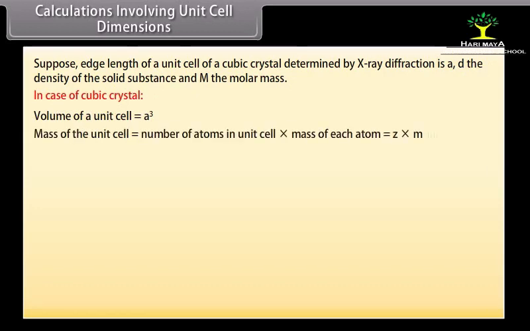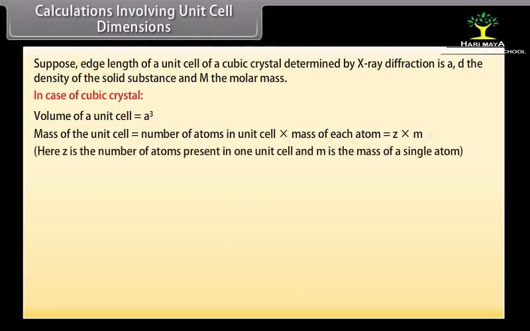Mass of the unit cell is equal to the number of atoms in the unit cell times the mass of each atom, which is equal to Z times m. Here, Z is the number of atoms present in one unit cell and m is the mass of a single atom. Mass of an atom present in the unit cell, m, is equal to M upon N_A.